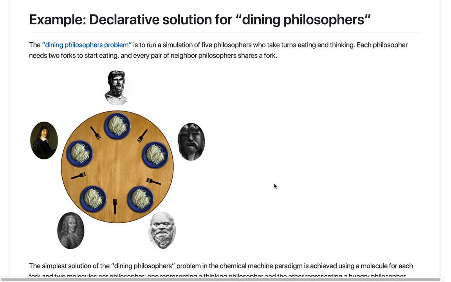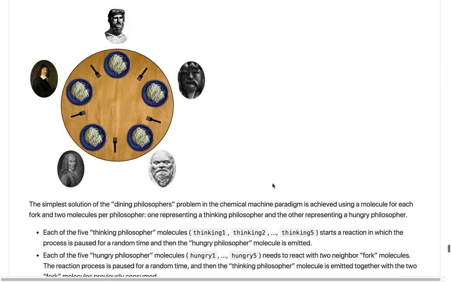I will show only the simplest solution. There are several solutions possible of varying degree of complexity. The simplest solution is to model each philosopher by a molecule, and actually by 2 different molecules. One showing that the philosopher is eating, and another one that the philosopher is not eating, or as we say, thinking.